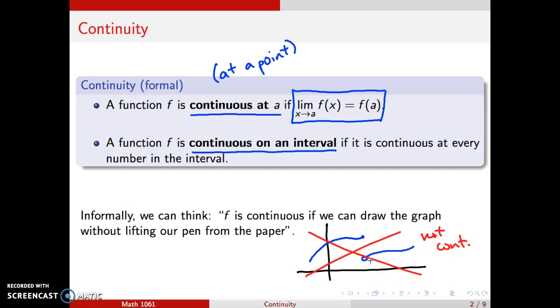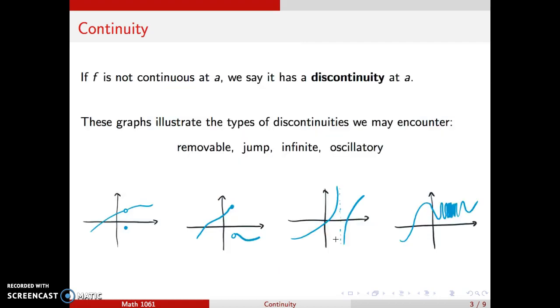Okay? So if you don't have to do that, if you can trace the whole thing out, informally, that's how you can think of a function as being continuous on an interval. Okay, so if it's not continuous, then we say it has a discontinuity at that point.